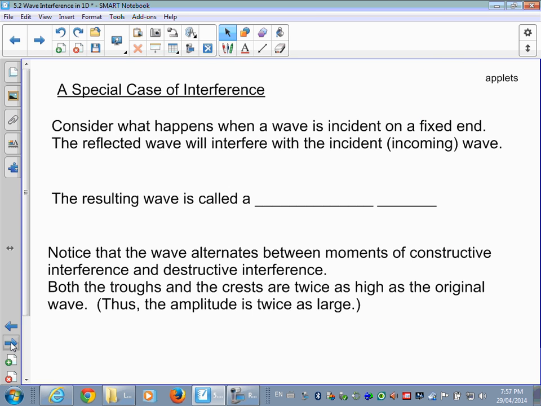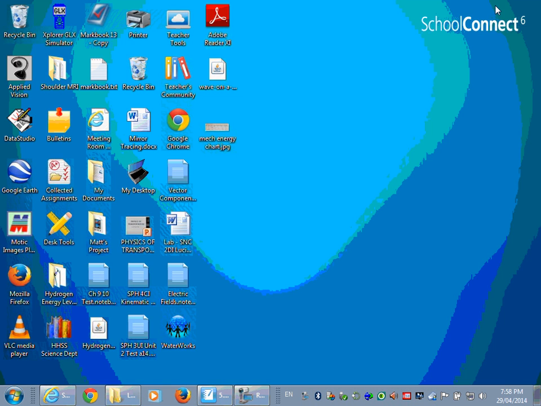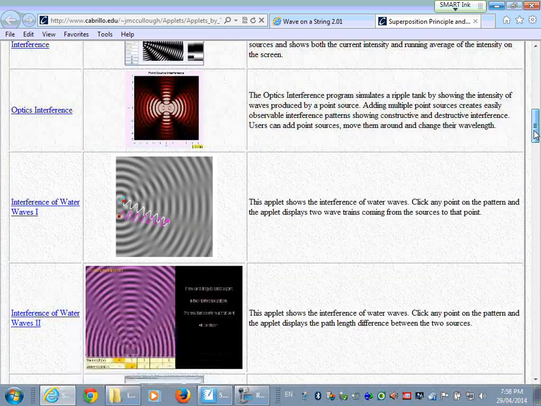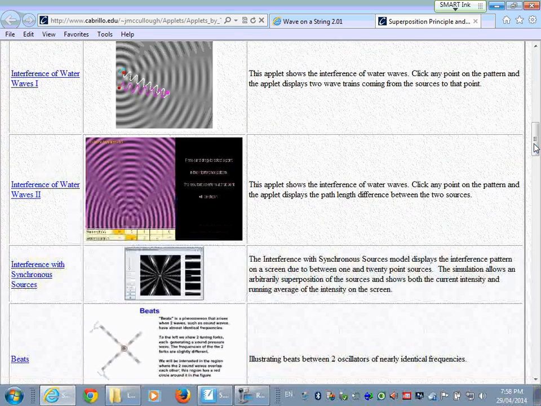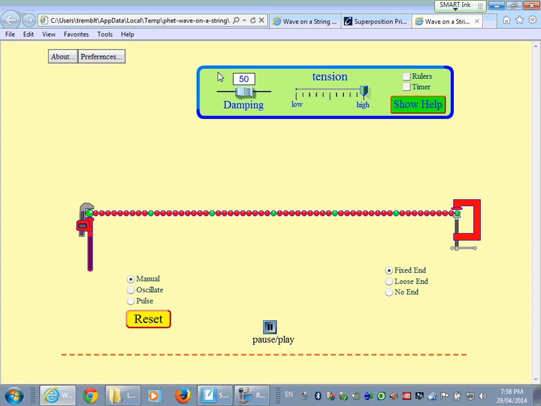I can show you what this looks like. Move on to the applets here. Okay, so I have a fixed end, and I have a source.